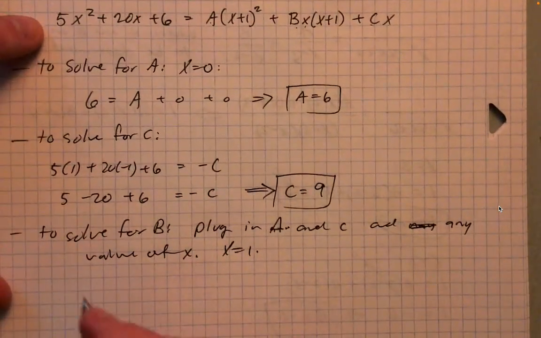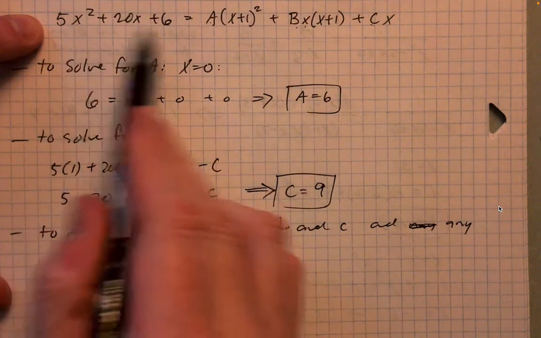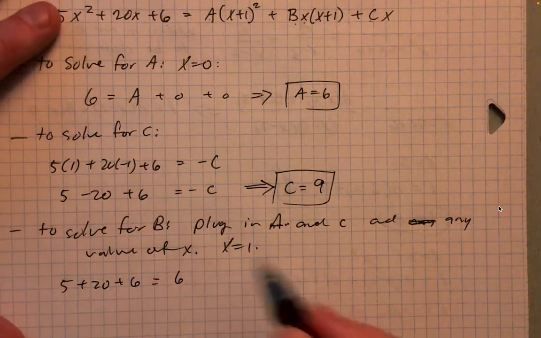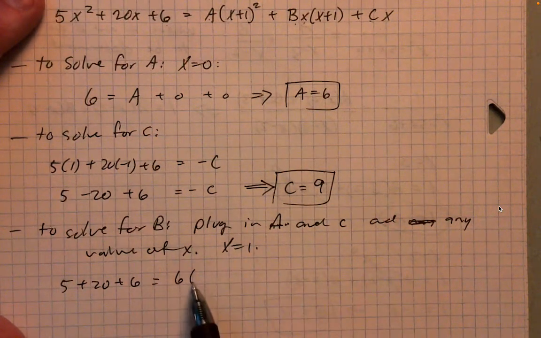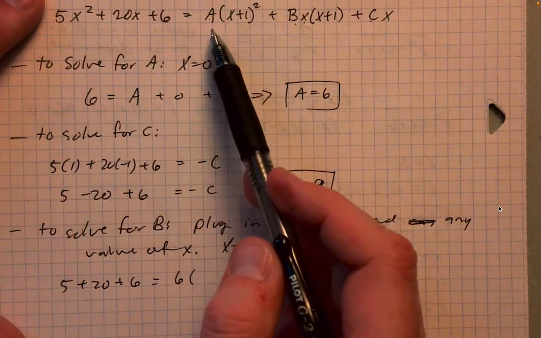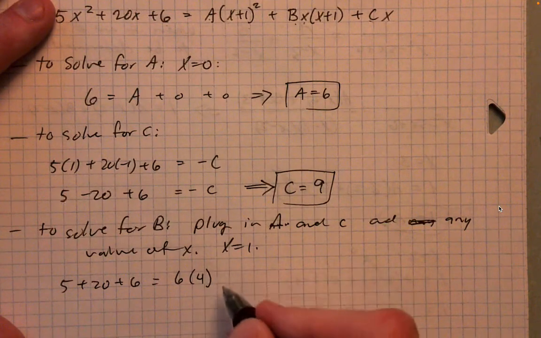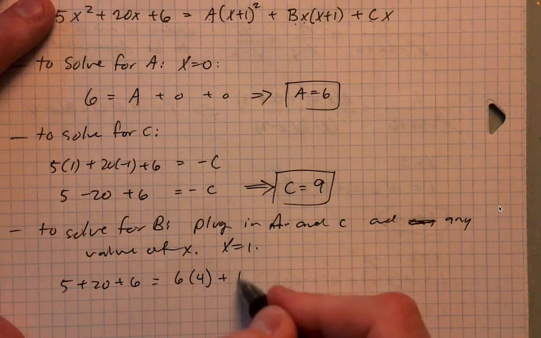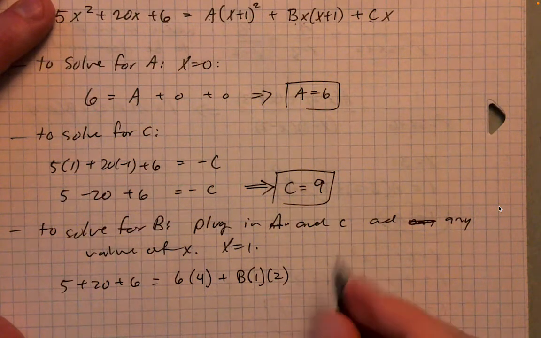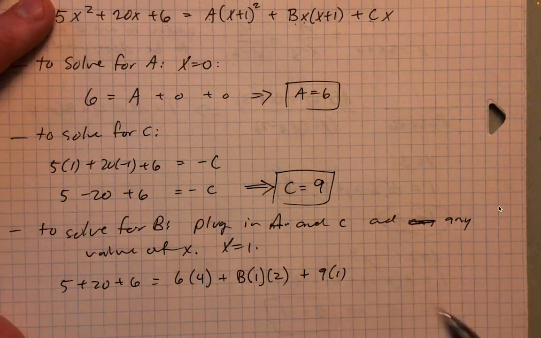So if I plug in a 1, I get 5 plus 20 plus 6 on this side. And that's equal to A, which is 6, times 1 plus 1 squared, right? So that's going to be 2 squared, so that's 4, plus B times 1 times 2, and then plus C, which is 9 times 1.